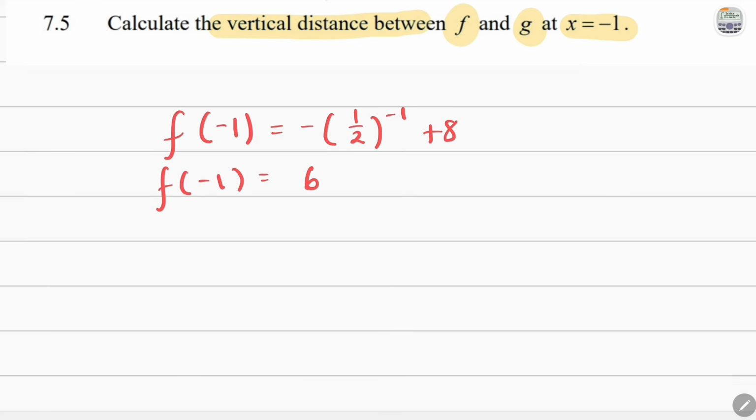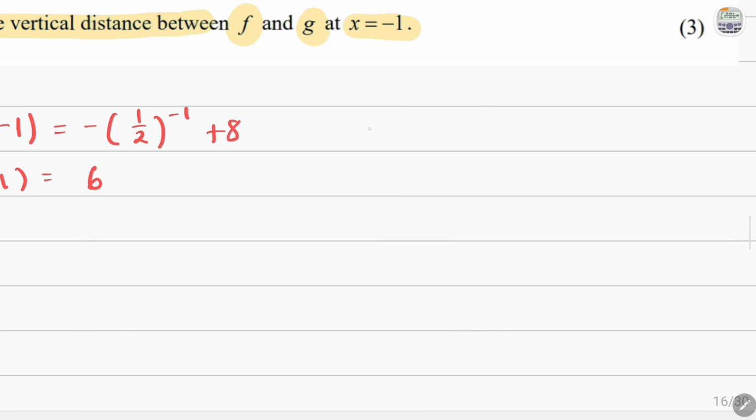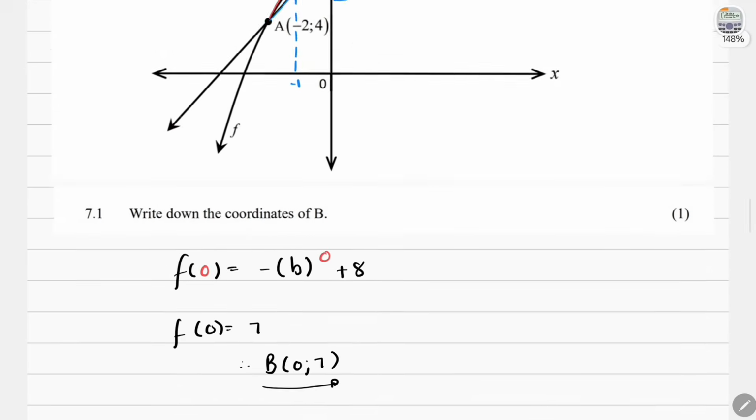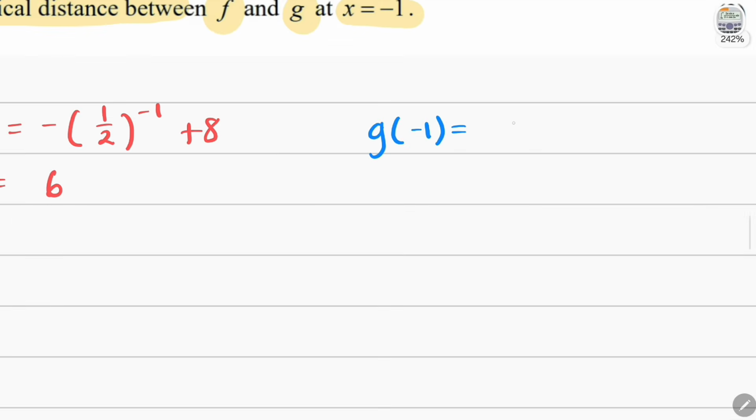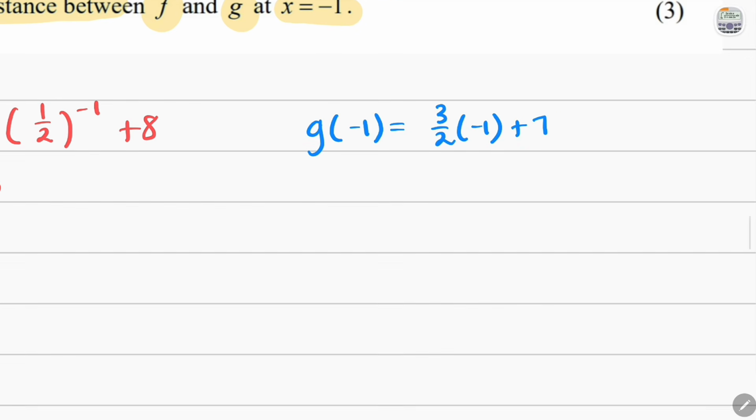So this is 6. And then we need to find the y value of g as well. So the y value of g, when we substitute, it's a straight line. It was 3 over 2x plus 7. Okay, so that is 3 over 2 times -1 plus 7, which is 7 minus 3 over 2. And you can write this as 14 over 2. So that is going to be 11 over 2. Okay, so the y value here is 11 over 2.